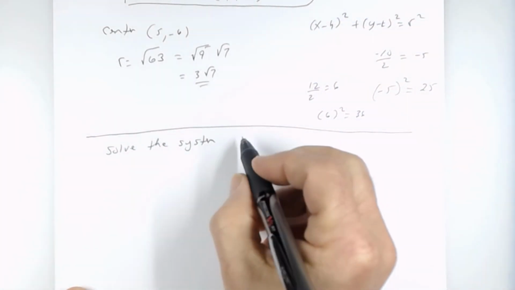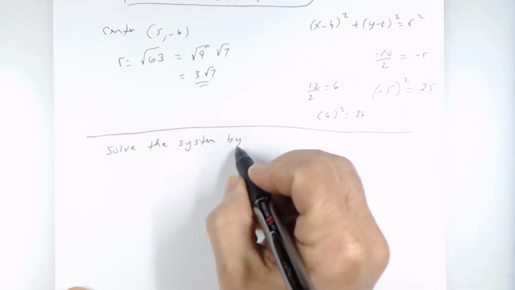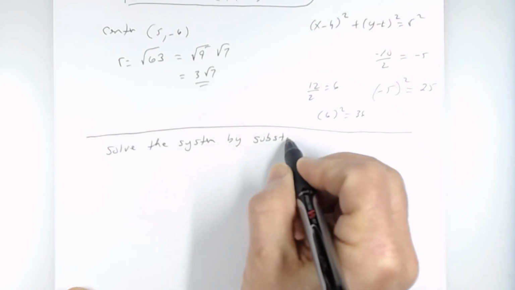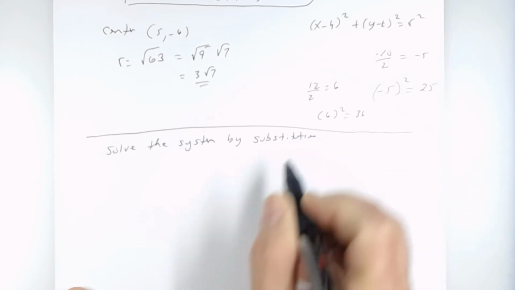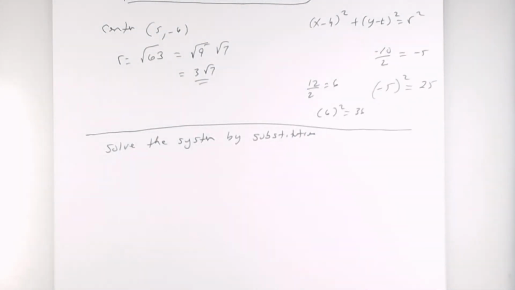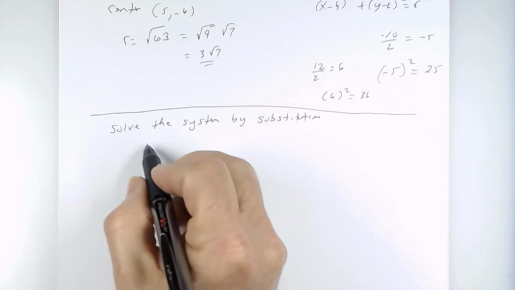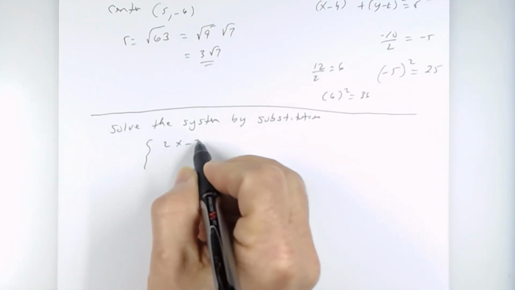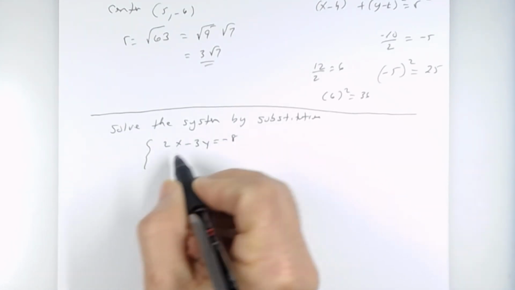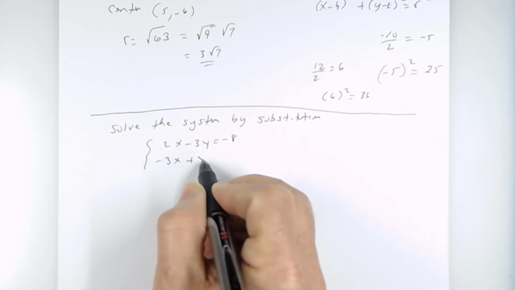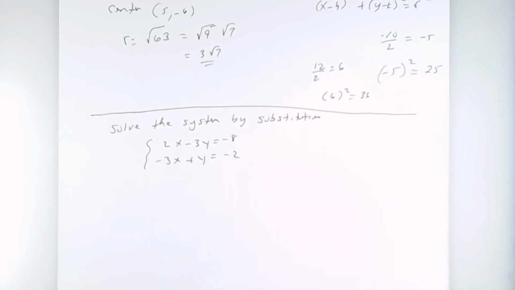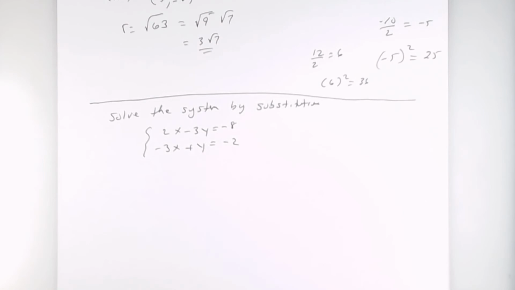Okay, so solve the system by substitution. Let's say we had this one: 2x minus 3y equals negative 8, negative 3x plus y equals negative 2.